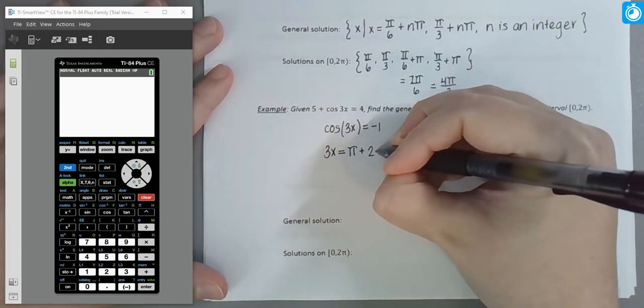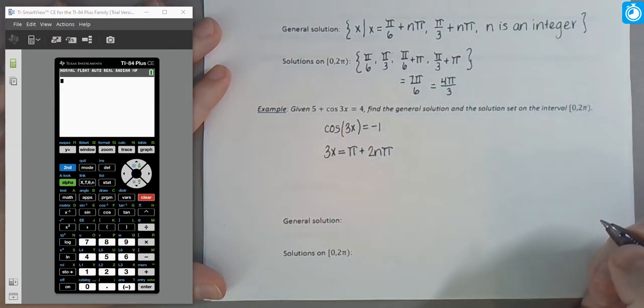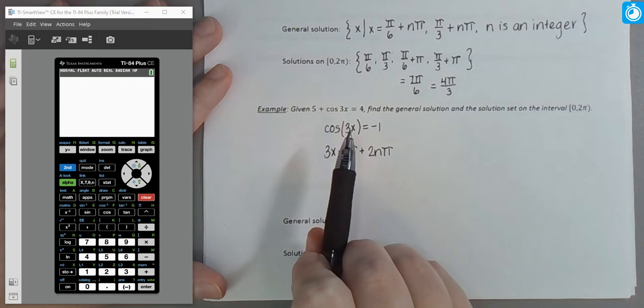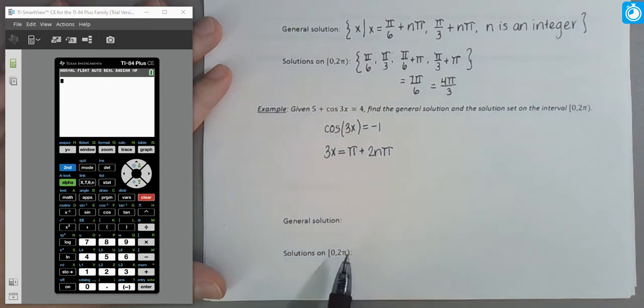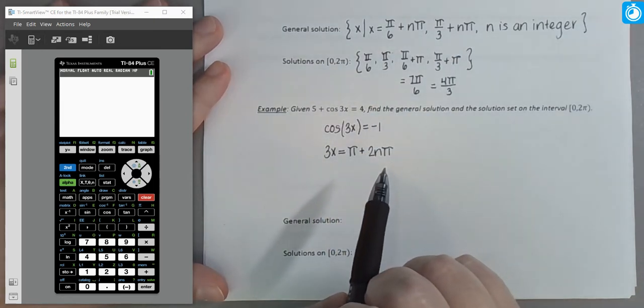So plus 2n pi, plus those full additional rotations in the positive or negative direction. Now here we only get the one formula because there's only one value that would satisfy this equation that's within the range from 0 to 2 pi. So that only generates one portion of formula, whereas previously we had more than one.